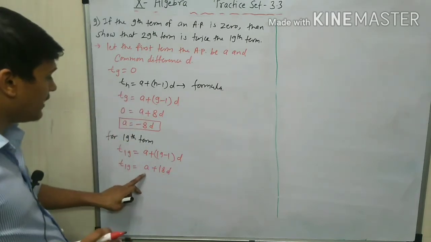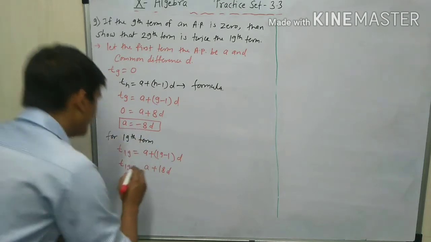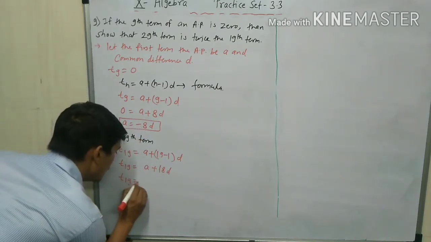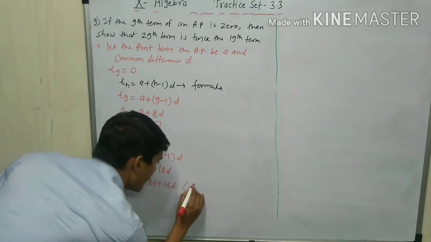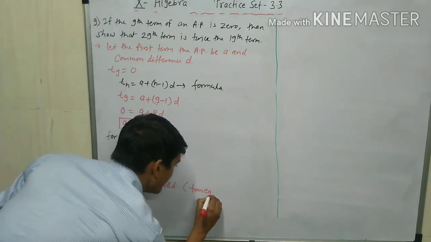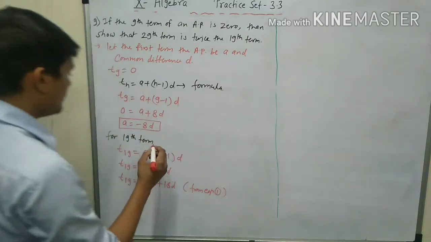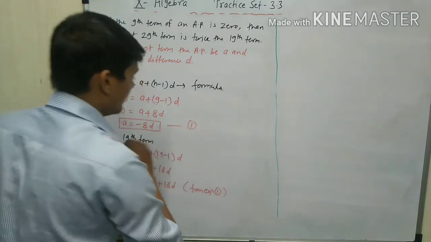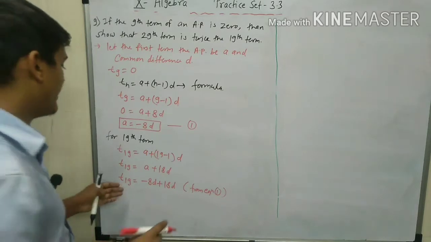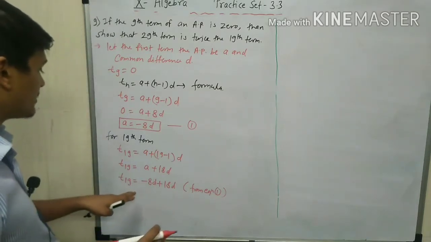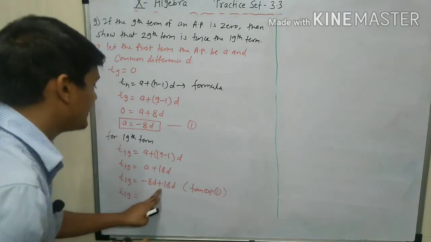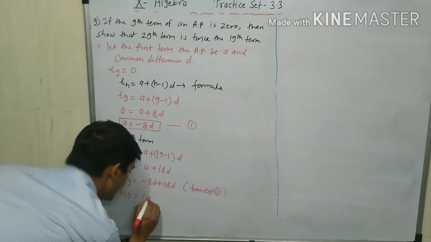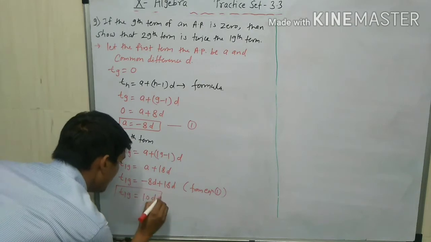Now what is the value of a? Value of a is -8d. We can write T19 = -8d + 18d from equation 1. This is your equation 1. Now T19 = -8d + 18d is equal to 10d. This is your equation number 2.